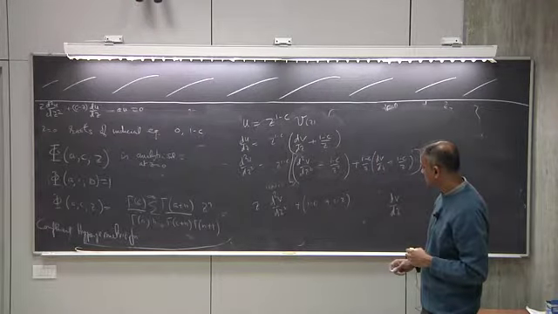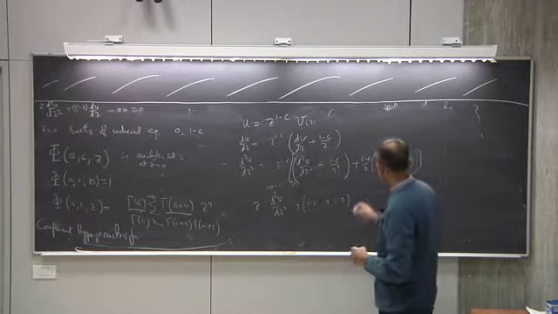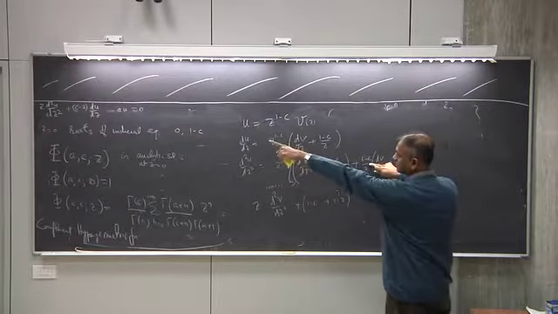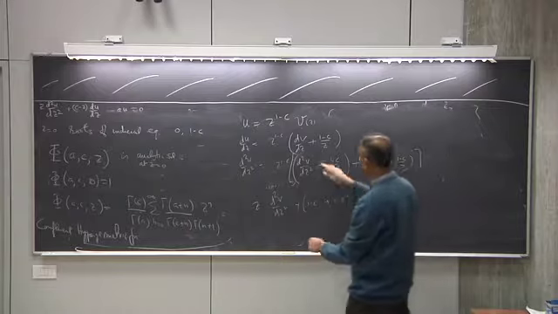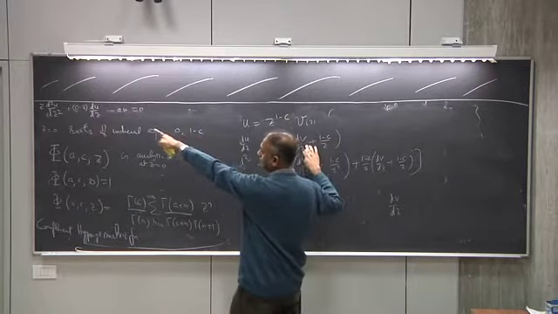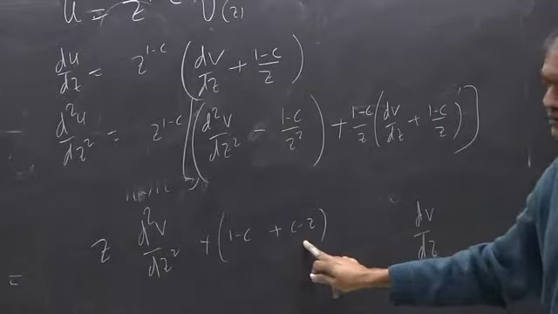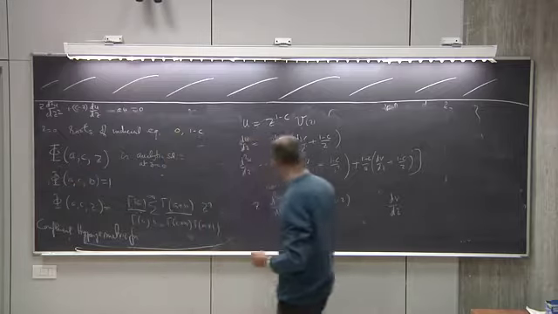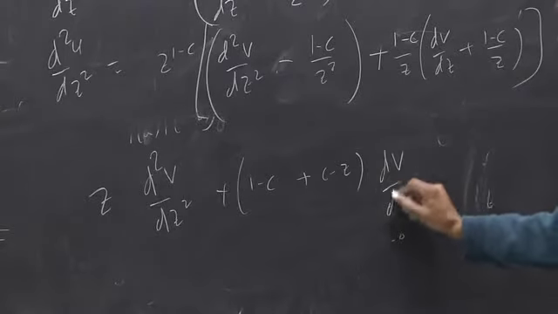Is that correct? Or am I making some mistake here? I'm just collecting the dv by dz terms. So there's one term which comes from the second derivative, but there I have to multiply by z. So that becomes 1 minus c. And the second term comes from the first derivative there, but that I have to multiply by c minus z. So that's plus c minus z. I mean, z to the 1 minus c I've taken out from everything. I've thrown out that. So that's that. So dv by dz, this.